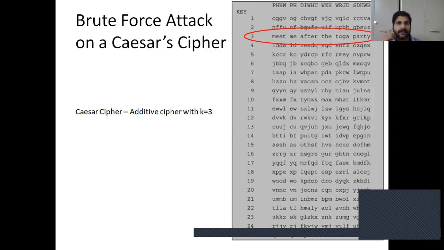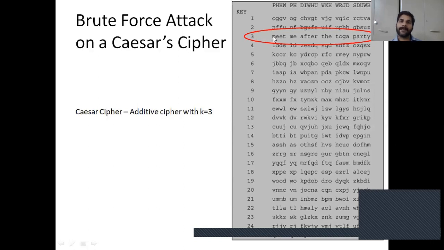Suppose a brute force attack on the Caesar cipher. The message "meet me after the toga party" is encrypted with key value equal to 3.